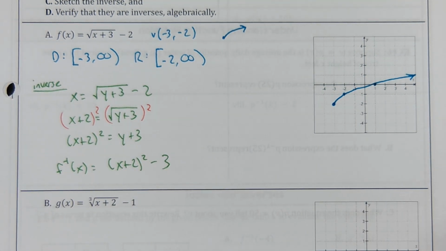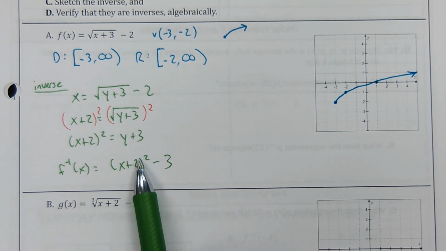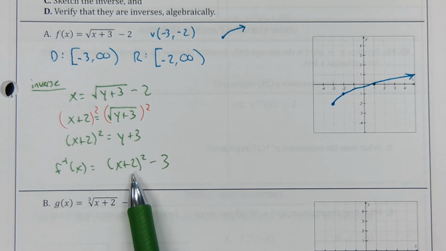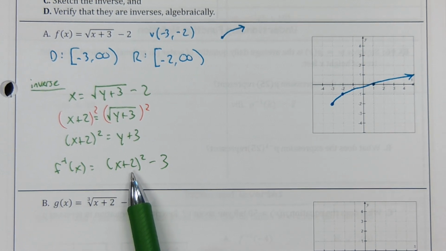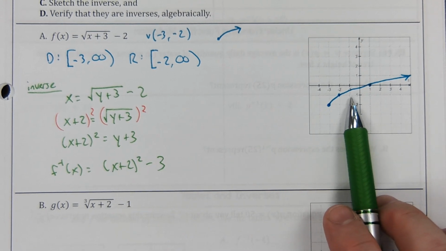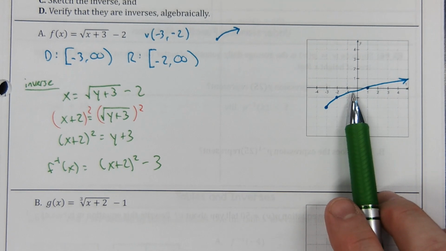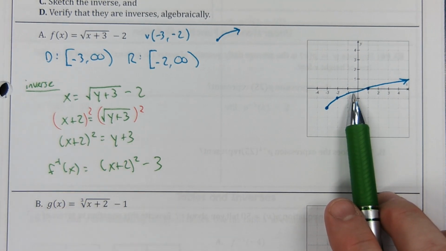Here we have a problem. This is a U-shaped graph. But I cannot draw a U-shaped graph, because in order to sketch this thing's inverse, I have to switch its x's and y's. Let's sketch its inverse and then talk about this.